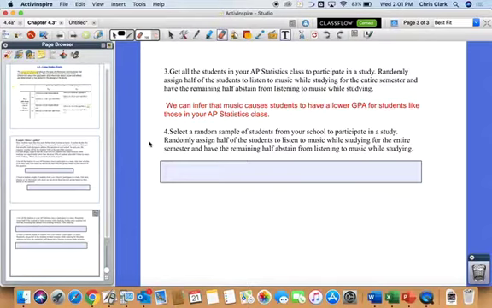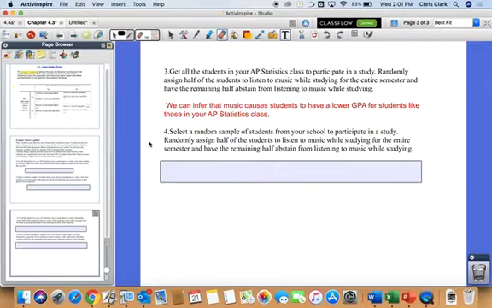That's an important distinction. This would be a cause and effect. I can say that listening to music causes lower GPA, but only for the students who are like those in your AP Statistics class. Why is that the case? Well, I didn't do the entire school, right? Your population in this AP Statistics class is probably a little bit different than the entire student population.